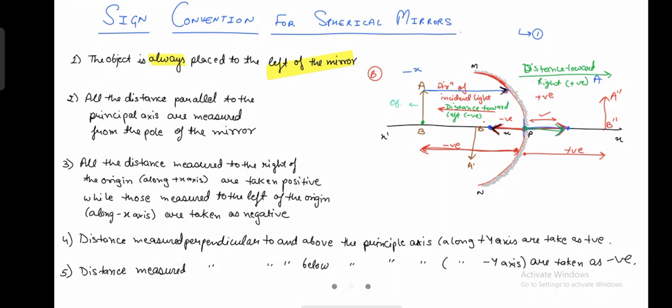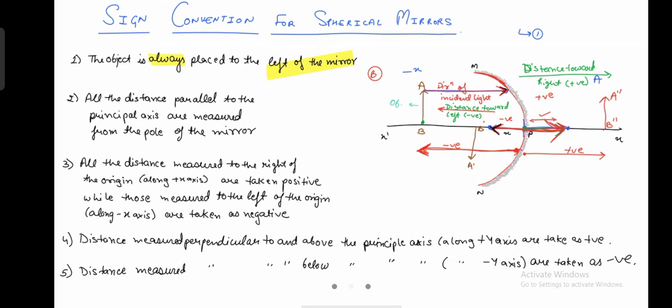If you are measuring anything along the incident light, the arrows are in the same direction as the incident light, then it is going to be positive, while if it is opposite, then it's going to be negative. For example, if I ask you whether this distance from here to here is positive or negative? It is negative. Why? Because first of all, it is in the negative x direction. Second thing is that it is also opposite to the direction of the incident light, right?